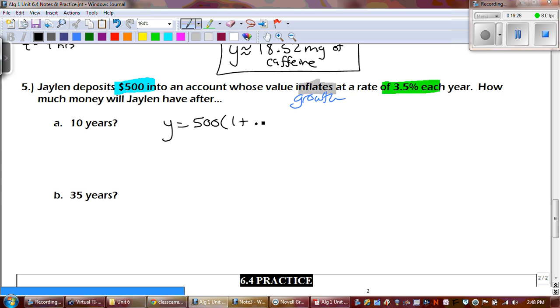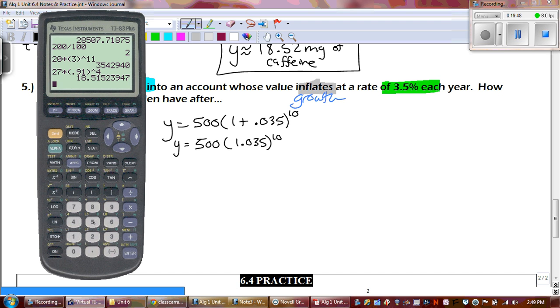Well, that was what we used earlier, so it's 0.035. And then our first one, we're saying in 10 years. Okay? So after 10 years, if you put $500 into your account, how much would you have? After you add those numbers up, let's see what we get. So you have 500 times 1.035 raised to the 10th power.